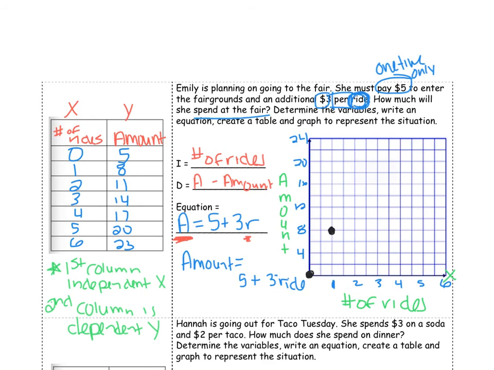And I see I already made a mistake. It wasn't 0, 0. It was 0, 5. I apologize for that. I'm glad I caught it. Okay, so 2, 11, 3, 14, 4, 17. So this line is 16, so we have to go a little bit past that.